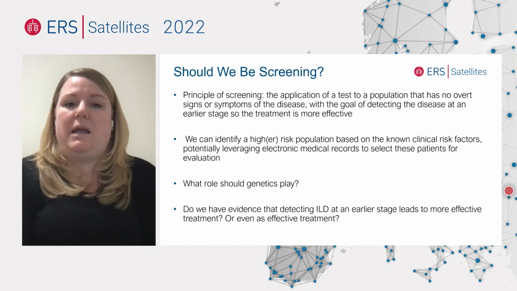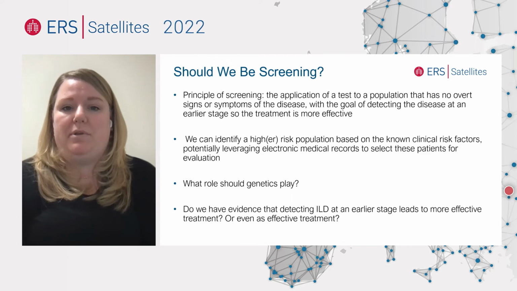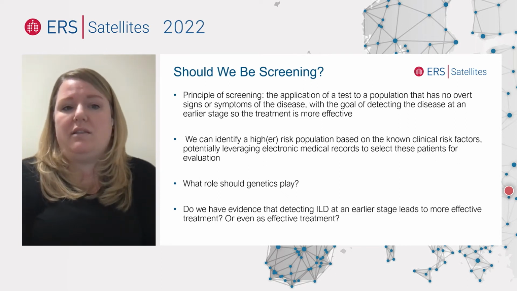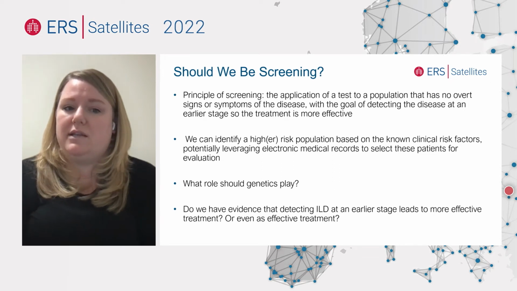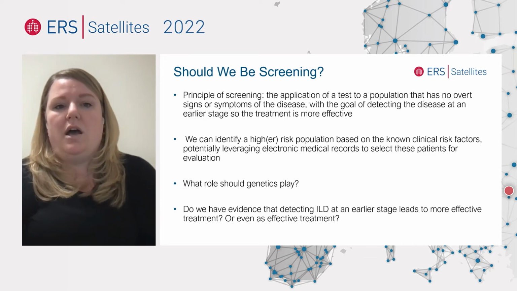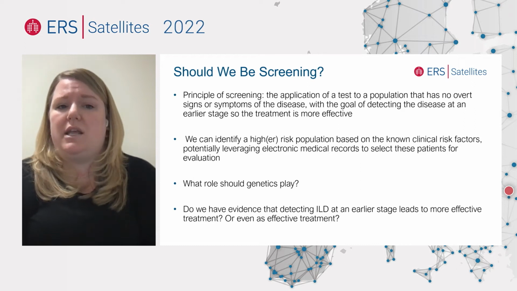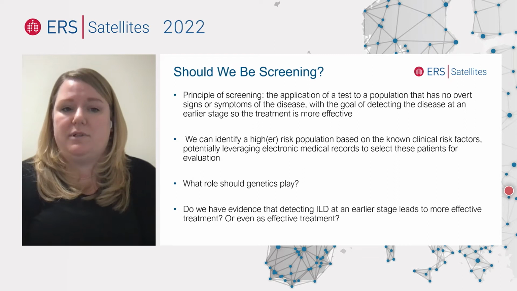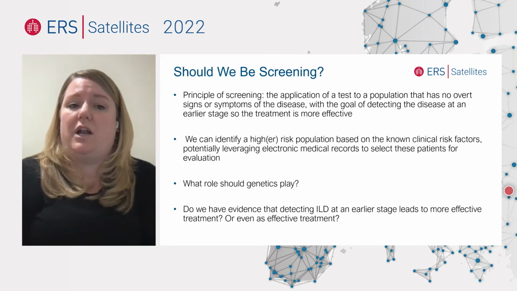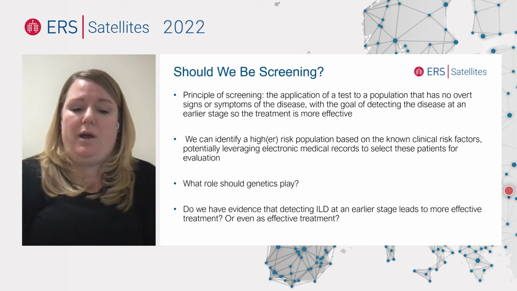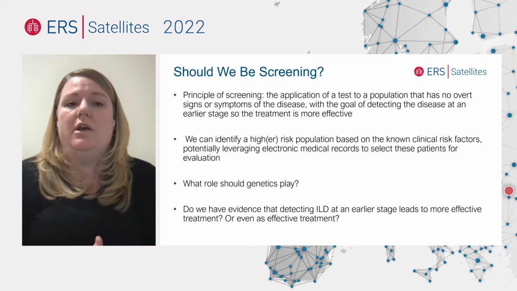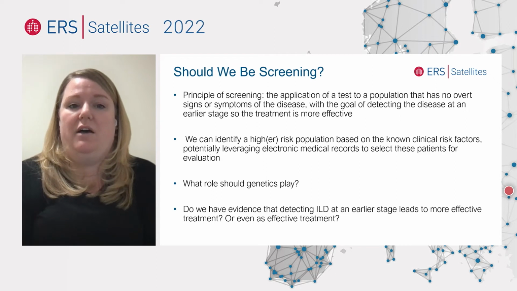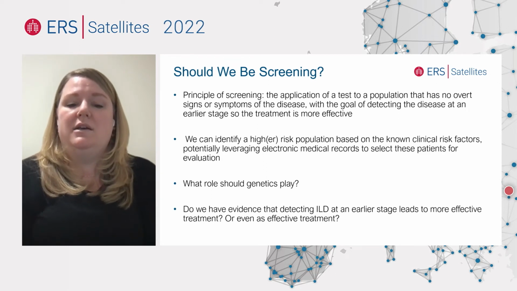The first question is, can we really identify this higher risk population based on known clinical risk factors? And can we potentially leverage electronic medical records to select these patients for evaluation? There's a study making its way to publication, looking at 2 different hospital systems, where using the electronic medical record, people were able to use artificial intelligence and machine learning to come up with an algorithm to select patients at high risk of having these changes found on subsequent CT scans.